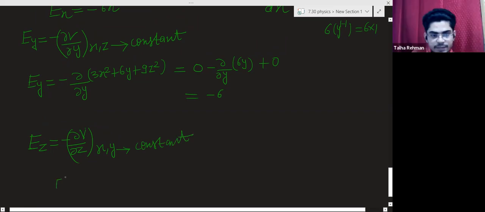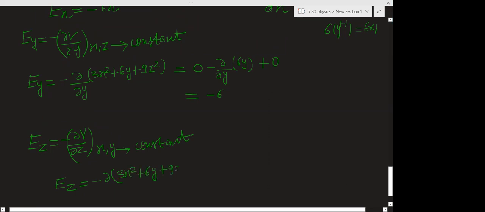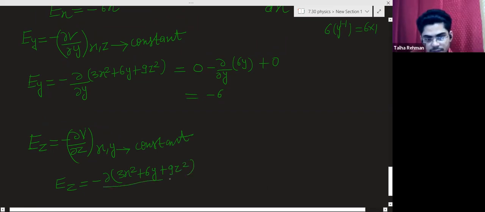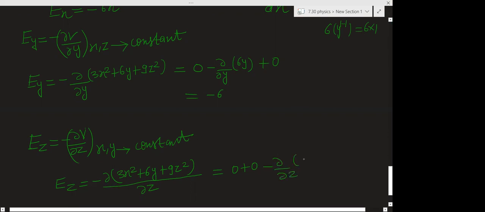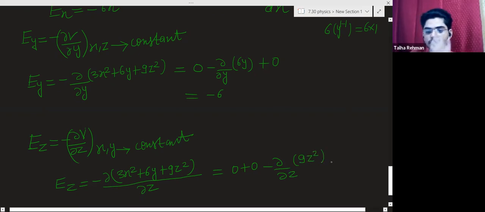So Ez, I can write as minus del of 3x square plus 6y plus 9z square by del z. Now the first term is constant, so its partial differentiation will be 0, and the second is also constant, so that will be 0. And now del by del z of 9z square.